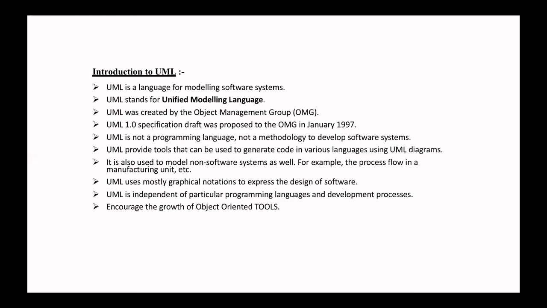UML is independent of particular programming language and development process. As I told you in the above points, UML is independent of a particular programming language, because UML is not a programming language. It provides a graphical representation, a pictorial representation.